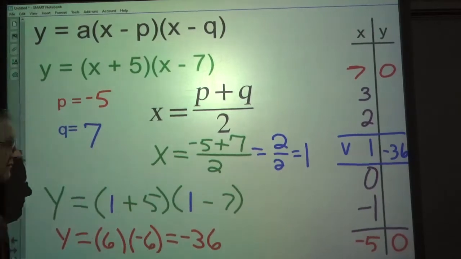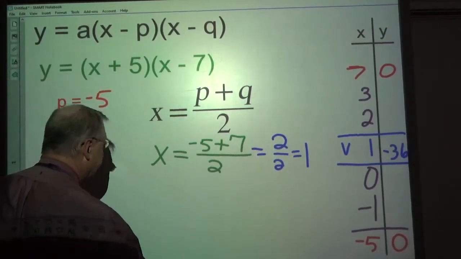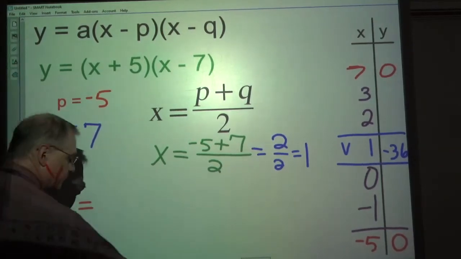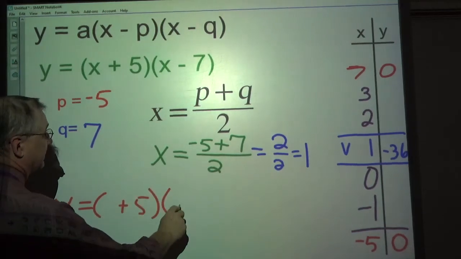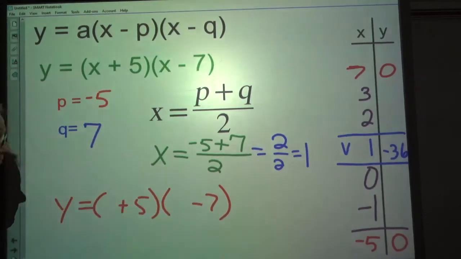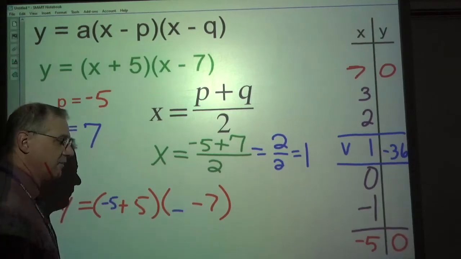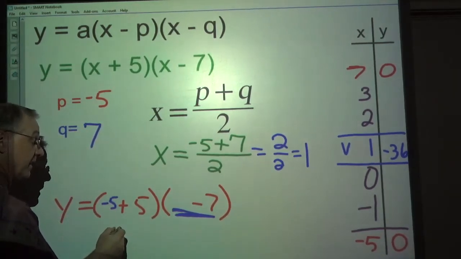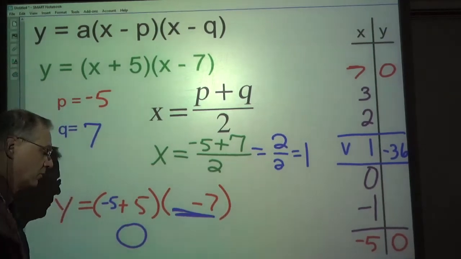When I think about that, y equals something for x plus 5 times something for x minus 7. If I fill in negative 5 here, it doesn't matter what this whole thing comes out to, because negative 5 plus 5 is 0, and 0 times anything is 0.